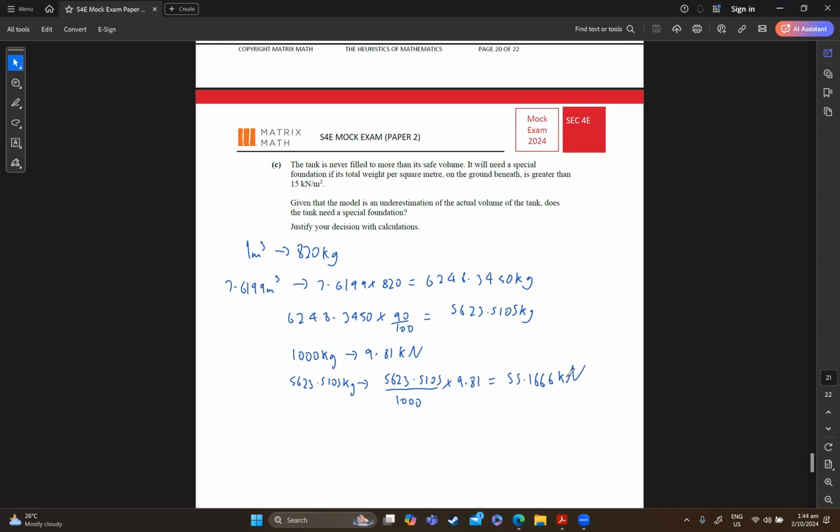So take the 55.1666 kilonewtons and divide it by the base area to find out the kilonewtons per meter square. I'm just using the exact value. It should equal 15.92.